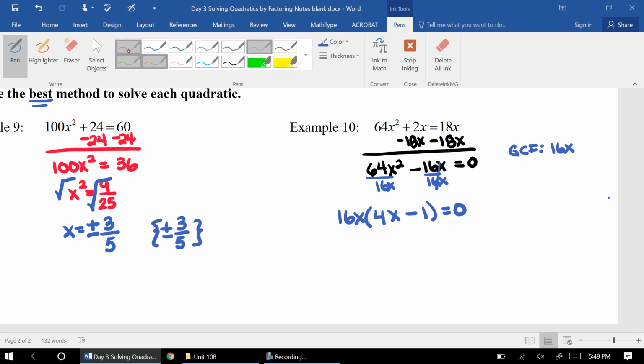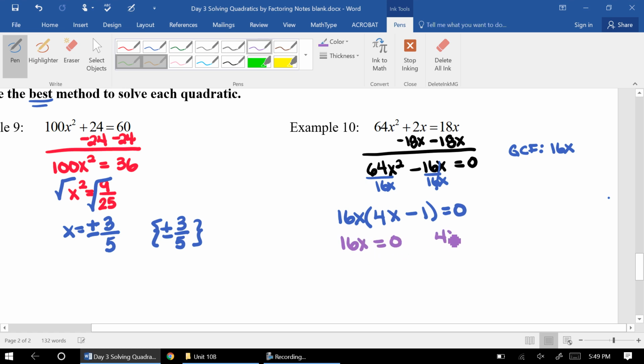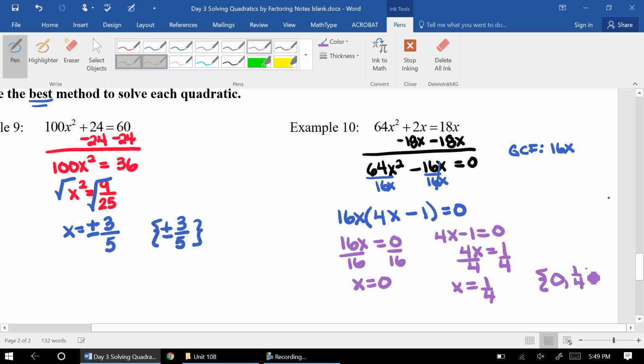So now at this point, I can set each part equal to 0 with the zero product property. 16x equals 0. 4x minus 1 is equal to 0. So divide by 16, and I have x equals 0. Add the 1 over. Divide by 4. So x equals 1/4, giving me solutions of 0 and 1/4.